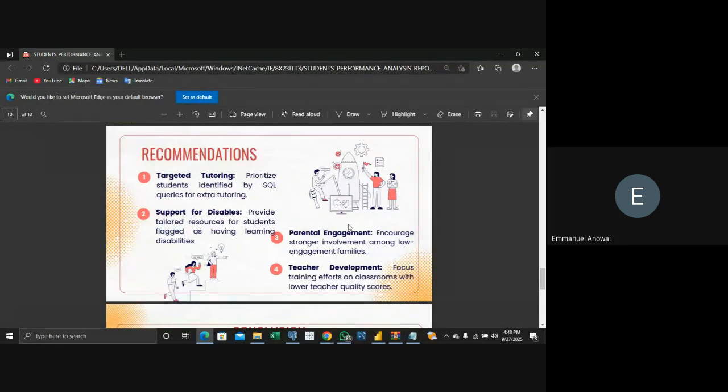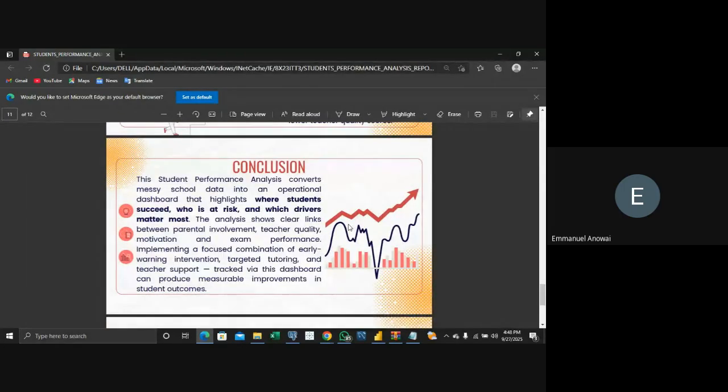Now, in conclusion, this performance analysis converts students' data into an operational dashboard that highlights where students succeed, who is at risk, and which drivers matter most.